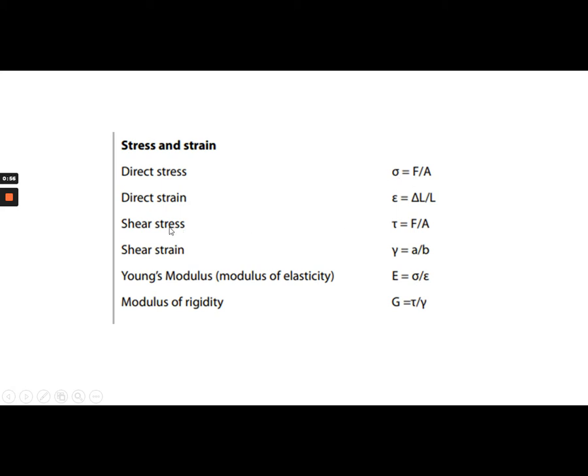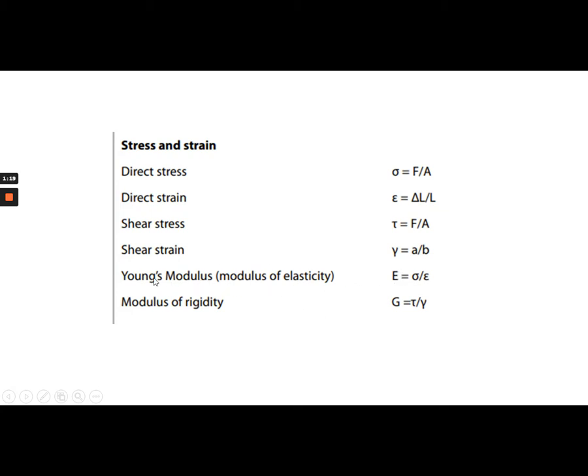For shear, you've got the same idea, force over area, and strain is again your extension over length to a degree, and then that's giving you these funny Greek symbols which you might not be totally comfortable with, but it's the same approach. You've just got to see whether it's direct or shear. These are what we call ratios.